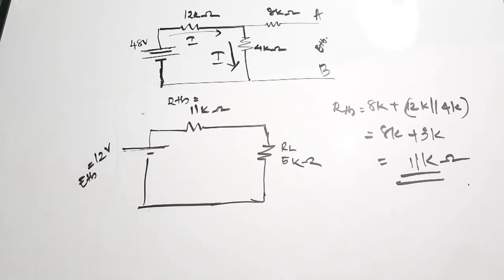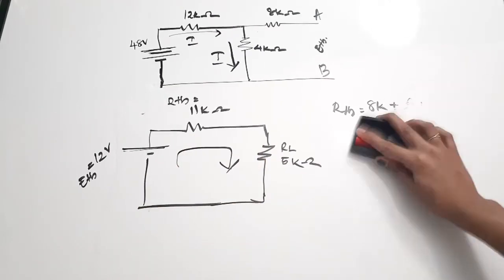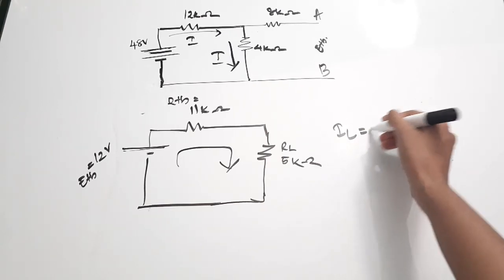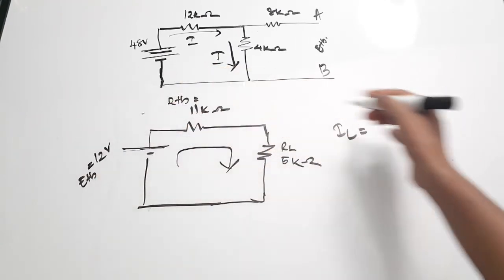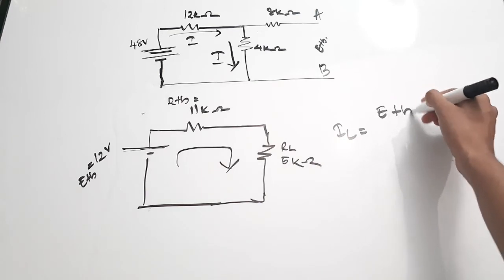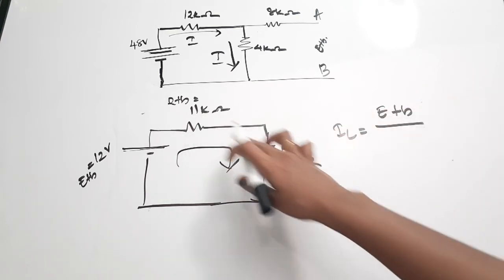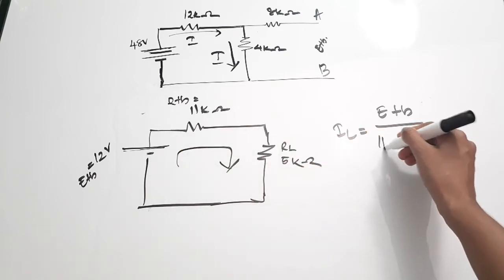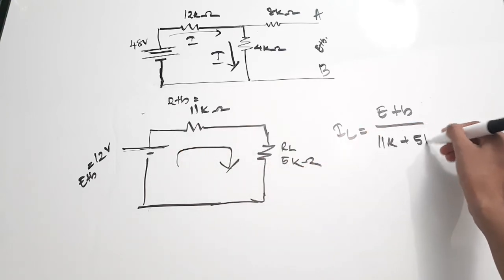Now next we can find the current in the circuit. Is it any difficult? No, it is very easy. Current IL is equal to ETH divided by the two resistors. Very easily you can identify that they are in series connection, 11K plus 5K.